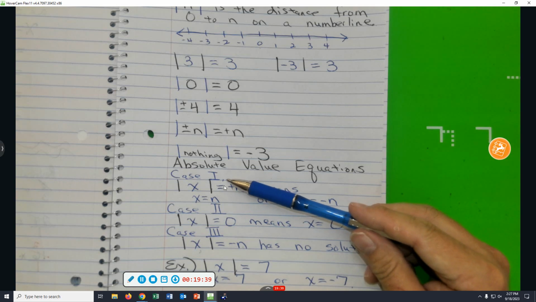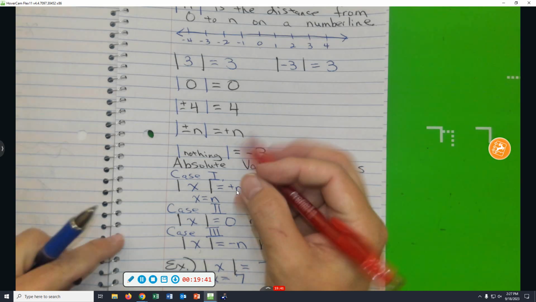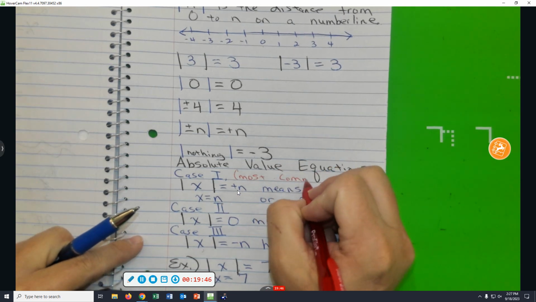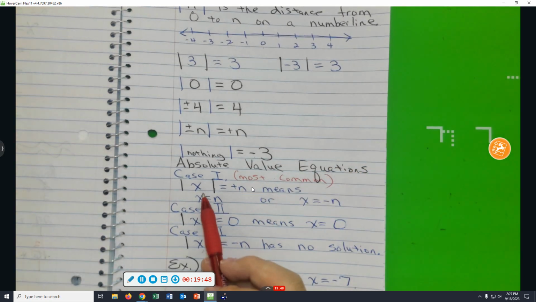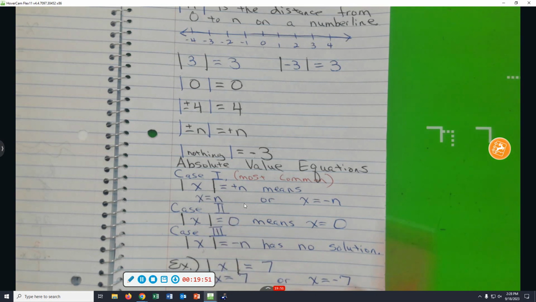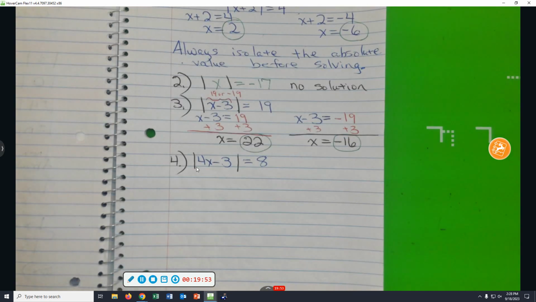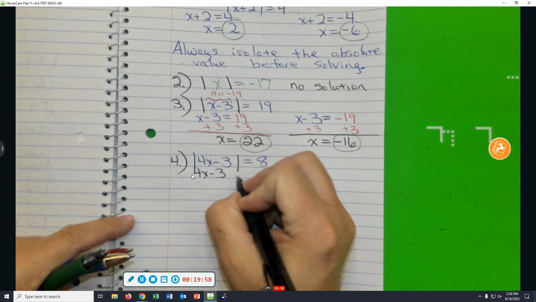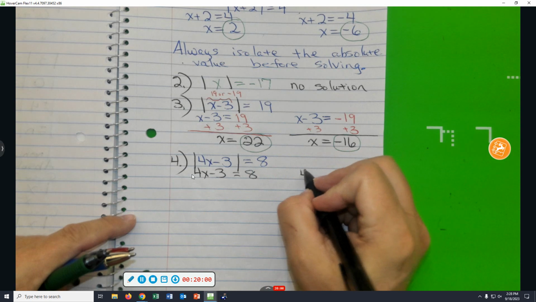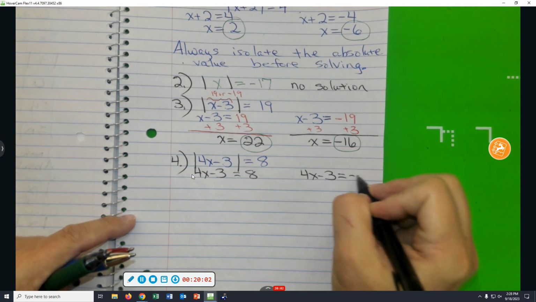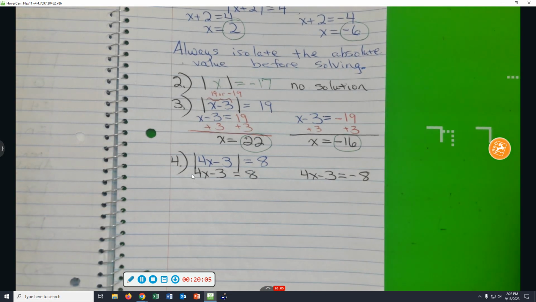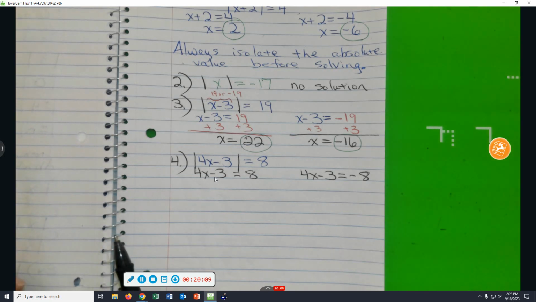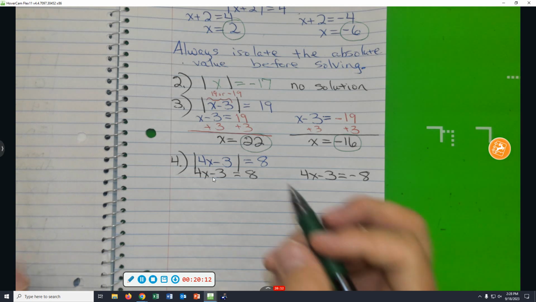Remember, case 1 is the most common scenario. Absolute value by itself on one side, a positive number on the other. So 4x minus 3 equals positive 8, or 4x minus 3 is equal to negative 8. What you're doing is equal positive, equal negative.